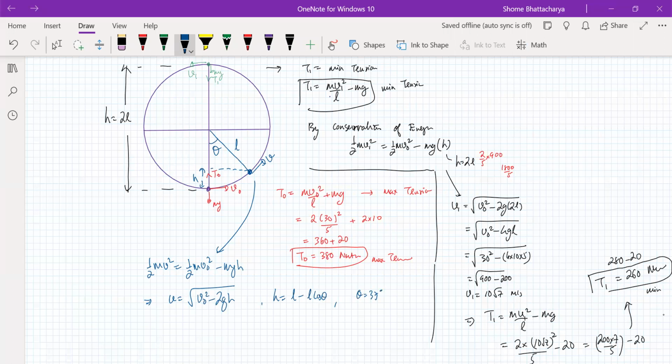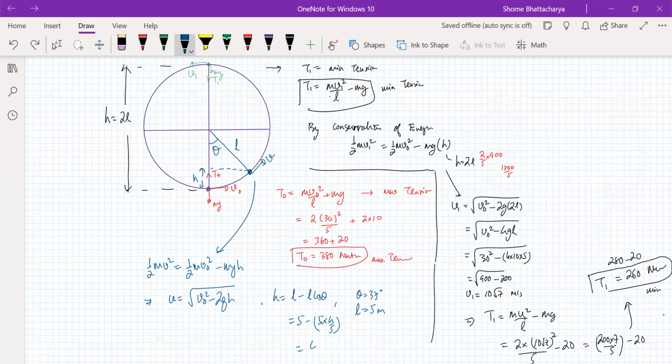So theta we have taken as 37 degrees. So 1 meter.